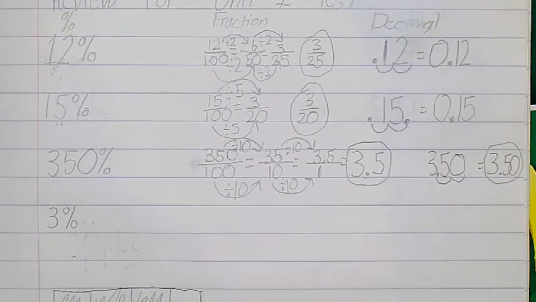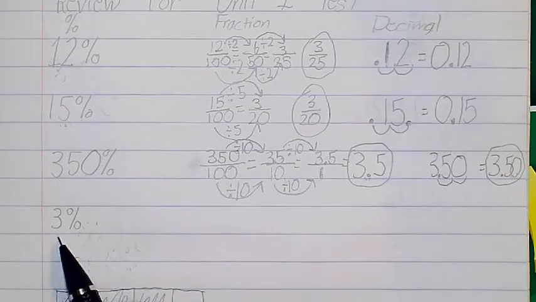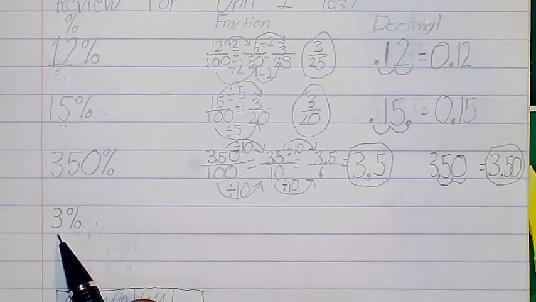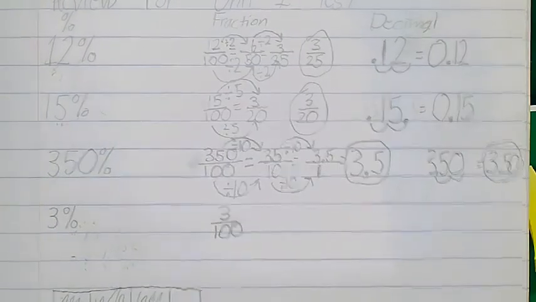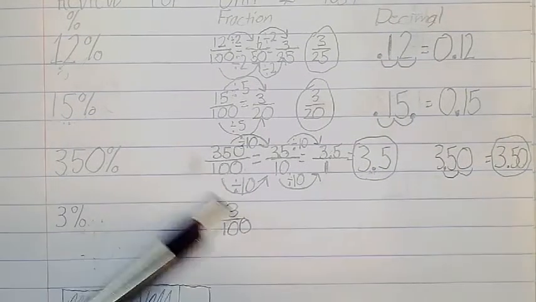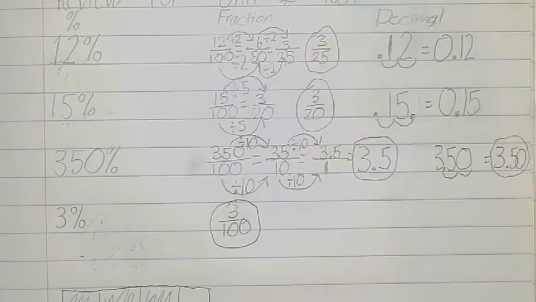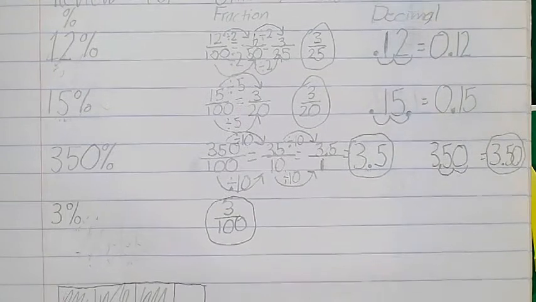All right. So of course, 3%. We have to change this percent to a fraction. So we have 3 hundredths. There isn't a factor that we can divide both 3 and 100 by, so this fraction is 3 hundredths. Okay?